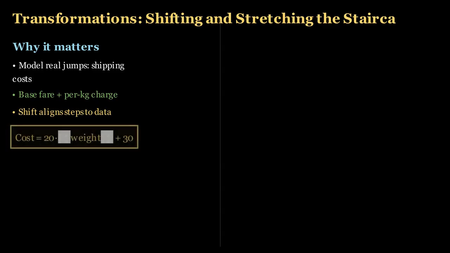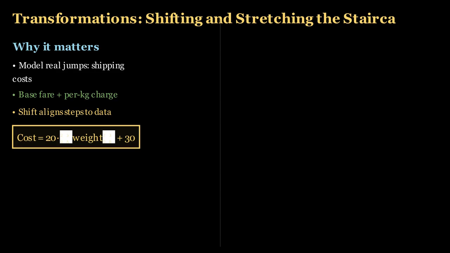Or think of a bulk discount that kicks in after the first 2 kilograms, that's a horizontal shift, sliding the steps to the right. Stretching changes the price per step. Transformations let us take one simple step function and adapt it to real-world pricing, scheduling, or measurement problems.